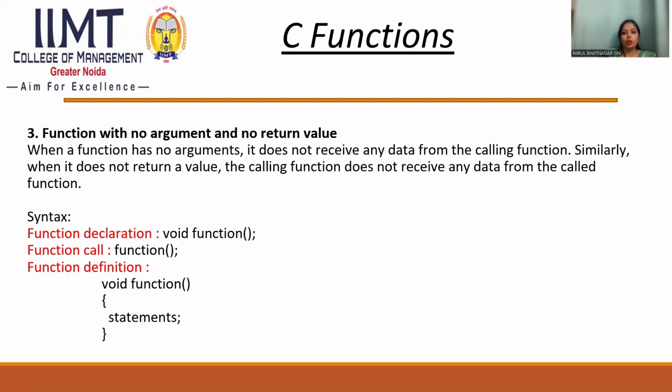In the function declaration, void function means in between the parentheses we are not using any parameter, because this function takes no parameter and it returns no value. So the return type of this function is void. In function call, we simply call the function, and in the function definition section, we define the working of the function.